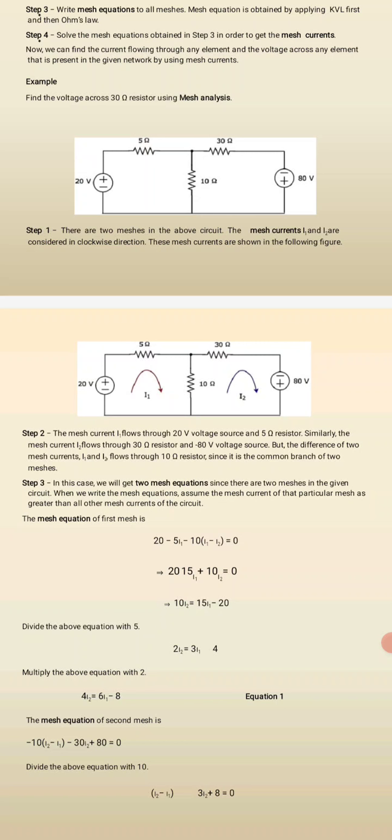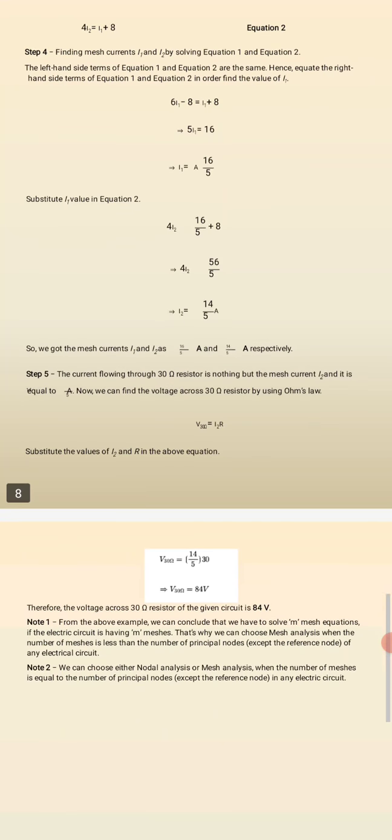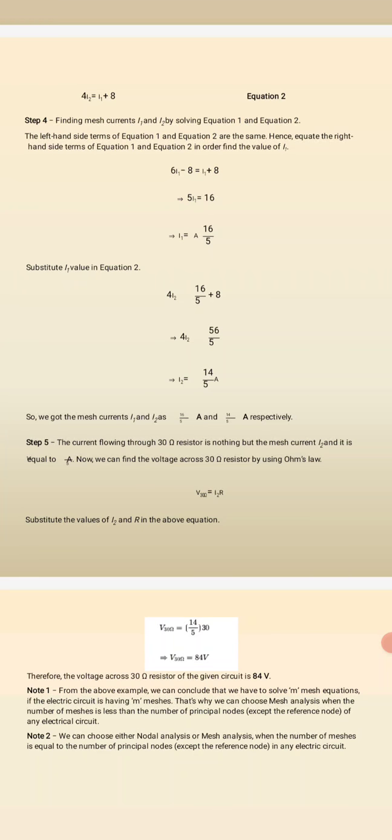That is considered to be mesh equation number 1. Similarly, we can write equation number 2, 4 I2 equal to I1 plus 8. Now we are going to solve equation 1 and equation 2 to calculate the mesh currents. By solving them, we get I1 equal to 16 by 5 amps and I2 equal to 14 by 5 amps.